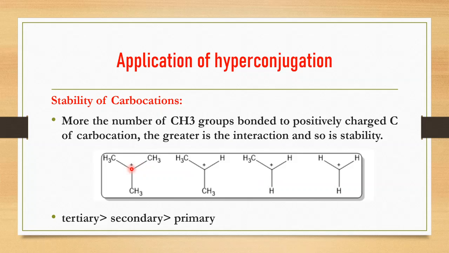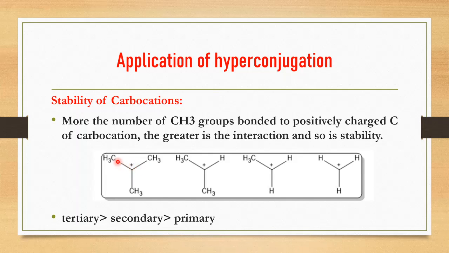For any compound to show hyperconjugation, the requirement is that there should be an sp2 carbon atom, and that sp2 carbon atom should have an adjacent carbon bearing a minimum of one hydrogen atom. As you see in structure number 1, the central carbon is sp2 hybridized.